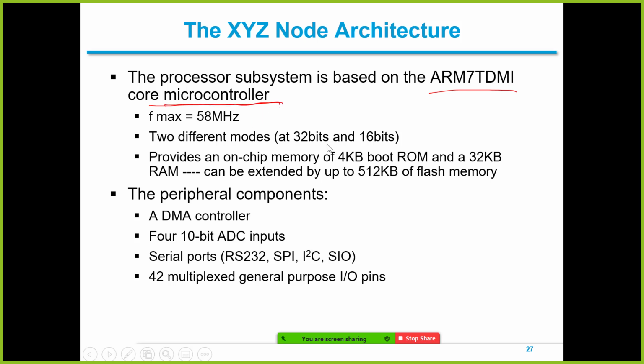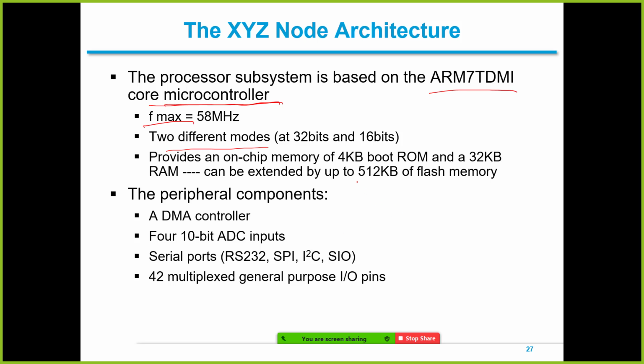What about the iMode processor node? That is based on a microprocessor, right? And what are the differences between microprocessor and microcontroller? We covered that last class. And this is the maximum frequency of this microcontroller. Two different modes, 32 bits, 16 bits.